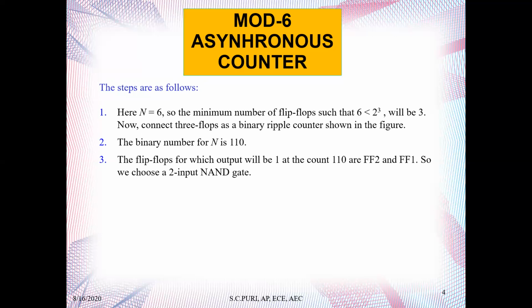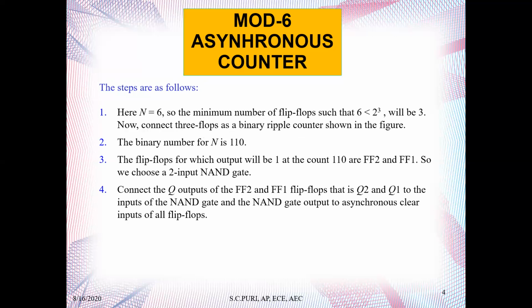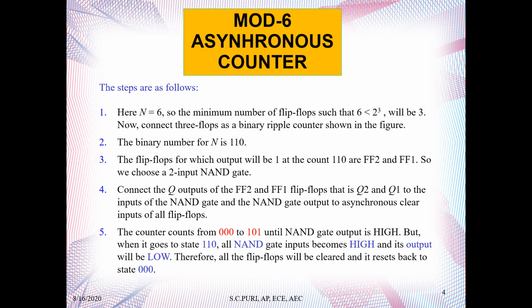The flip-flops whose output will be 1 at the count 110 are flip-flop 2 and flip-flop 1. So we can choose a 2-input NAND gate. Connect the Q outputs of flip-flop 2 and flip-flop 1, that is Q2 and Q1, to the inputs of the NAND gate, and the NAND gate output to the asynchronous clear input of all flip-flops.